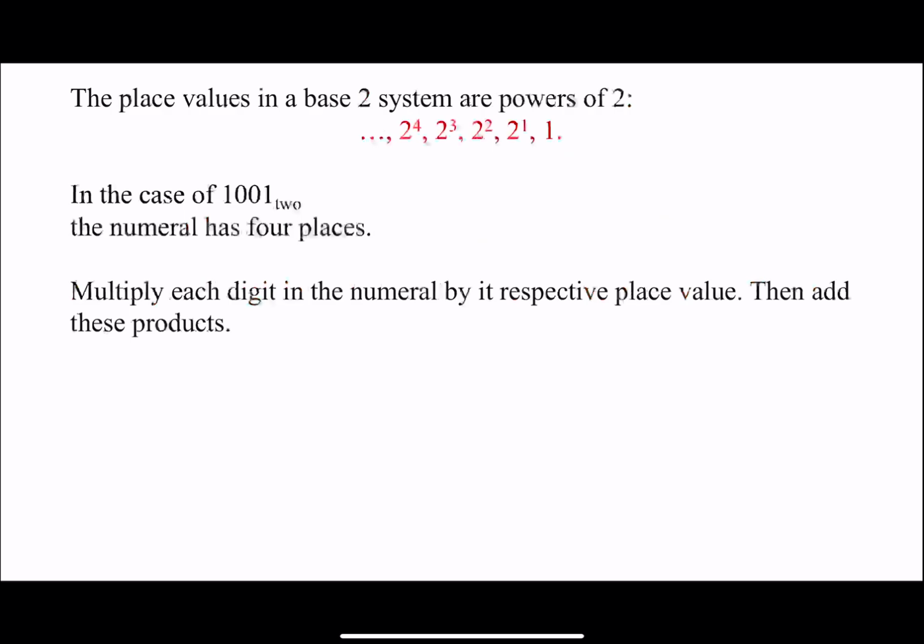Then write down the place value of each digit, multiply each digit by its place value, and then add the results, just like before. For example, let's say I want to convert 1001 base 2 to base 10. First, I write down the place values, powers of 2.